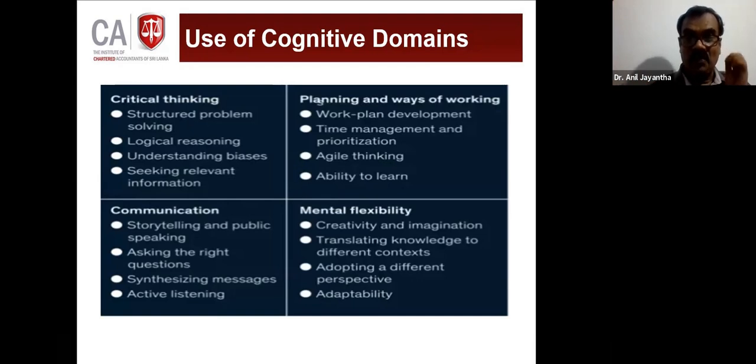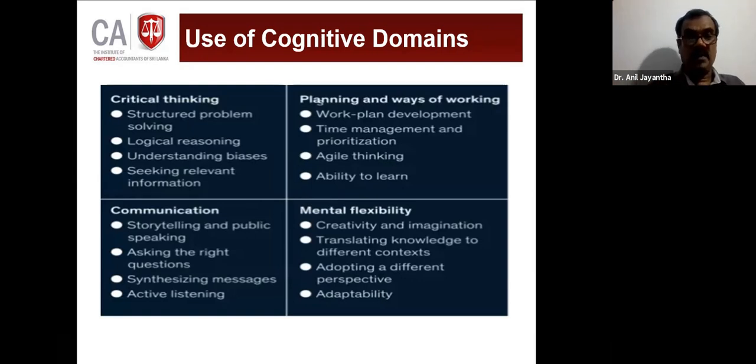Got it? Because unseen are different in each subject. You have different unseen and questions, but the pre-seen is a common one for all those subjects. So your synthesization therefore is for these areas: reporting, taxation, financial management, and strategic management.